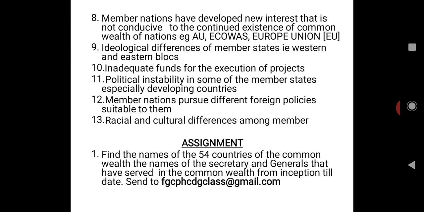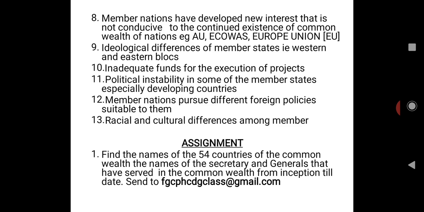Again, there is political instability in some of the member states, especially the developing countries.